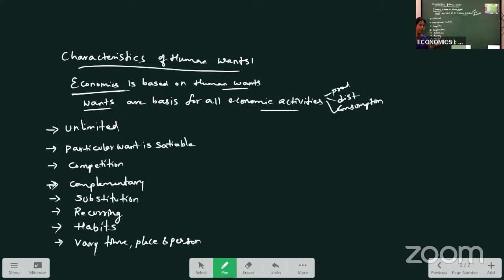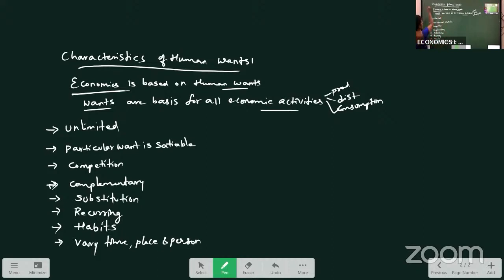One person wants something else and you want something else. Time to time also our wants will change, right? Morning I want something, but I don't want the same thing in the evening. My wants are changing. From place to place also it will change. So these are all the characteristics of human wants.